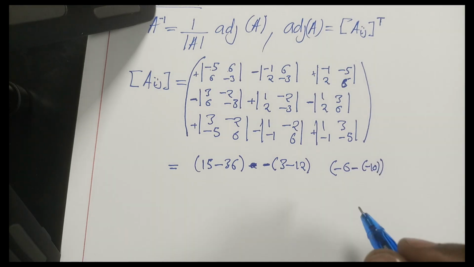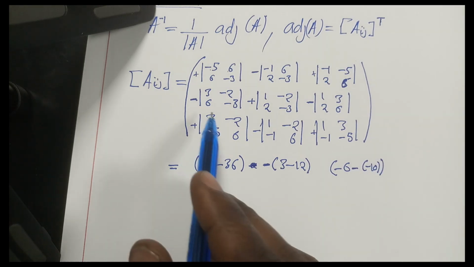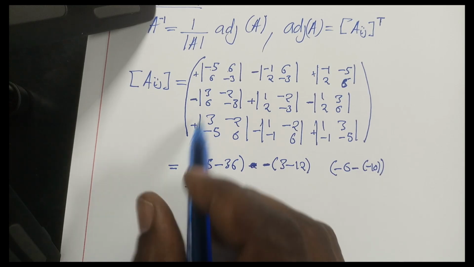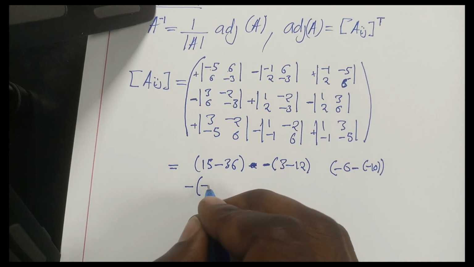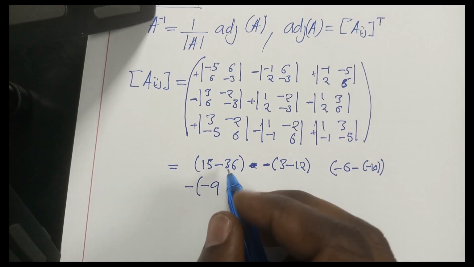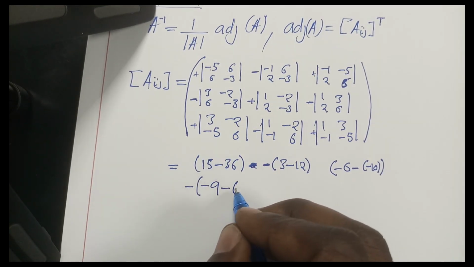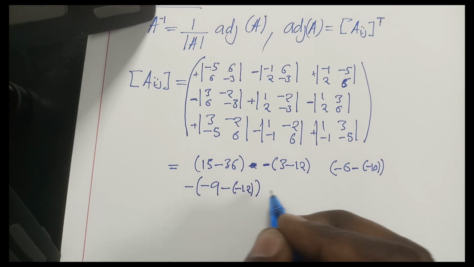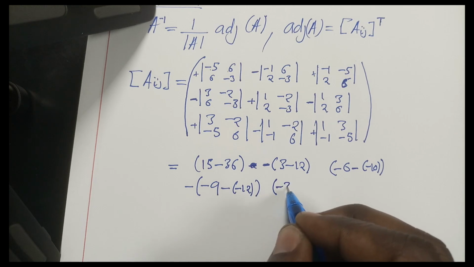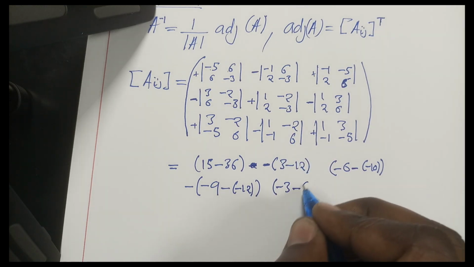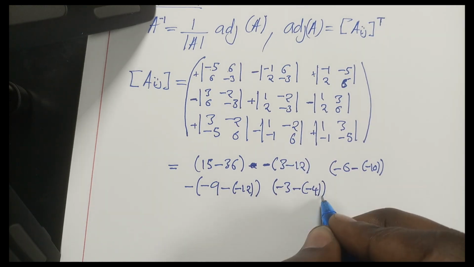Negative 10 there. Okay, be careful of this sign here. Then here we have a negative outside here, then negative 3 times negative 3, we have minus 9, then minus 12, close. Then here we have minus 3, minus 4.